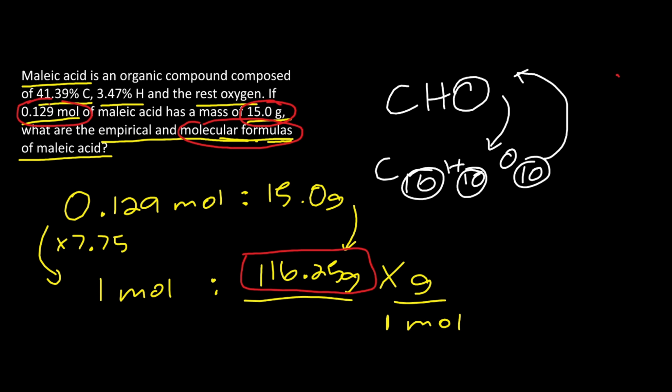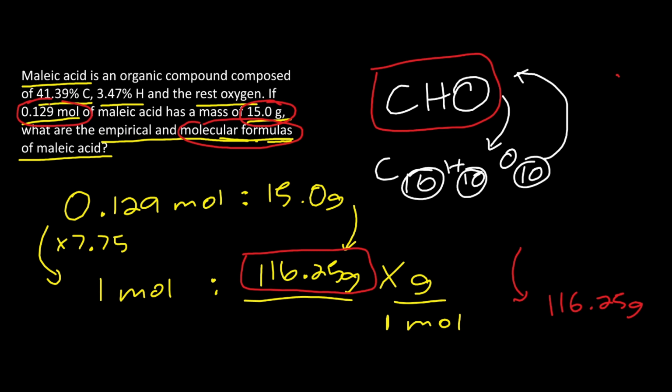So given that information, we know that malic acid has a molar mass of 116.25 grams. So we find the molar mass of our empirical formula here, and then we can find our multiplying factor to get to this molar mass.